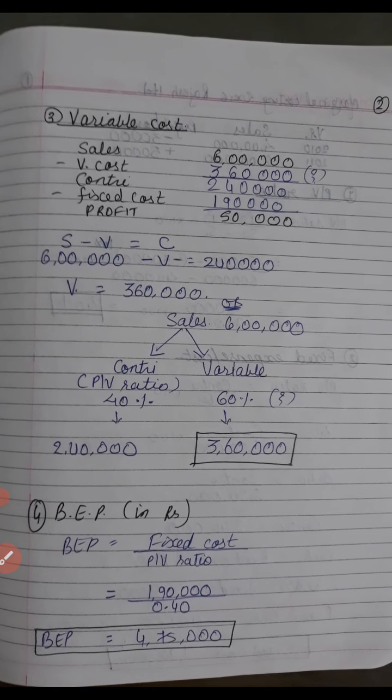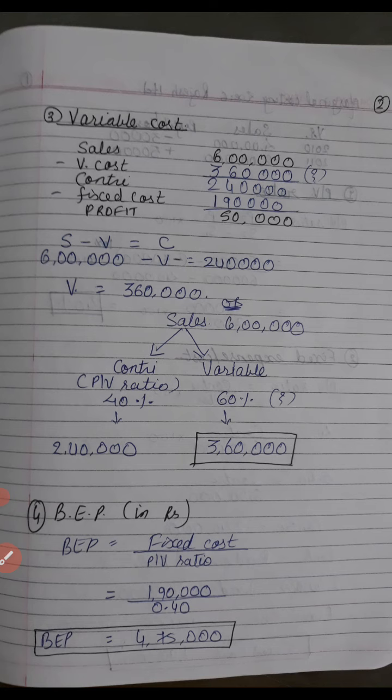Thirdly, we need to find out variable cost. So we have calculated two items, PV ratio and fixed cost. Now we need to calculate variable cost. Starting from the very first item, we have got the sales of rupees 6 lakhs. We have got the contribution that we have just found out in the last step. So the difference between sales and contribution will be the variable cost.